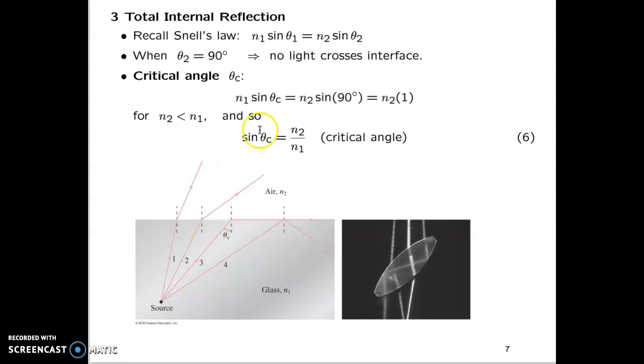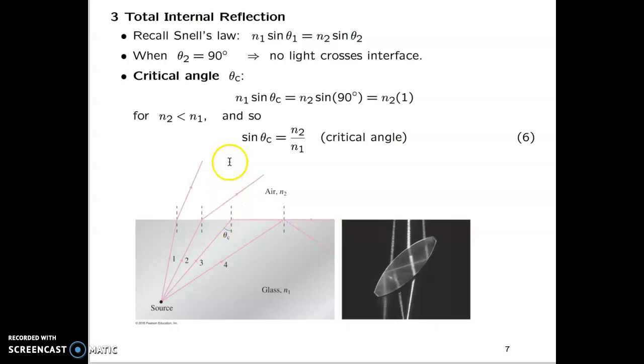Well, the way we calculate it is we go back to Snell's law. So here's Snell's law. We're going from medium 1, and the angle of incidence is, we'll call it theta sub c. C is for critical. And medium 2 is n2 times the sine of... if the refracted ray just skims the surface here, that means this direction is perpendicular to the normal in medium number 2.